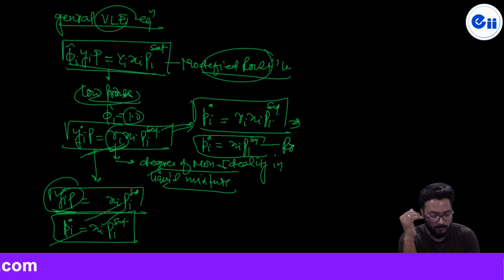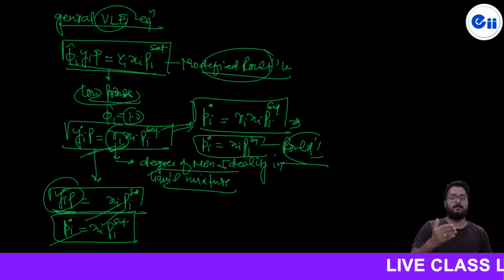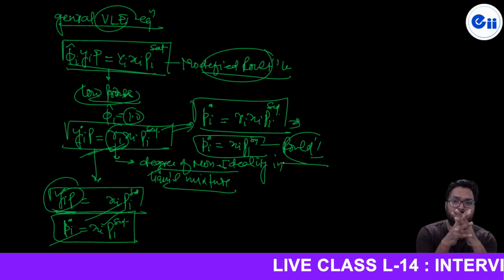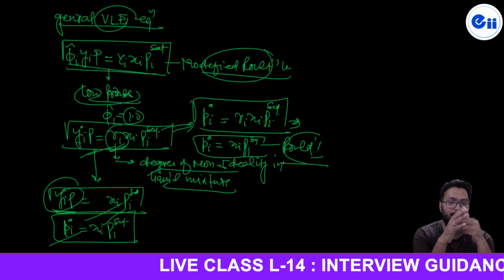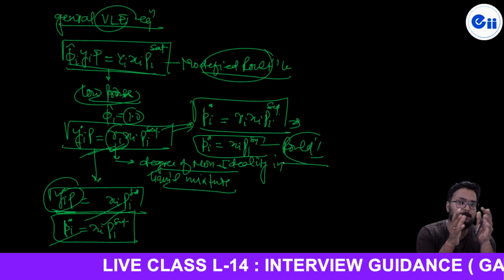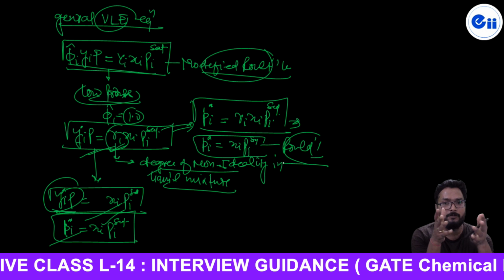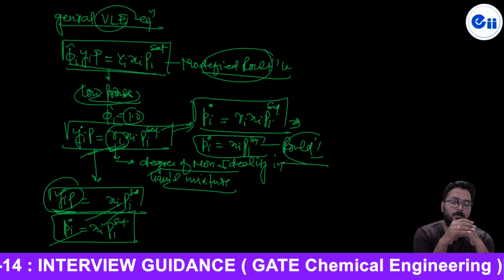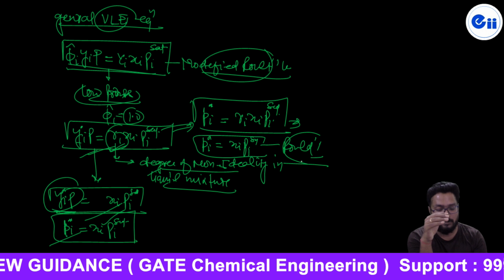That is by Raoult's law. And what is the Raoult's law assumption, my dear student? The Raoult's law assumption is that vapor and liquid both behave as ideal, and there is no intermolecular force of attraction and repulsion. And the size of the molecule is negligible, and that is the reason. If the size of the molecule is negligible and there is no intermolecular force, in that condition the vapor and liquid behave as ideal, and this is called Raoult's law.